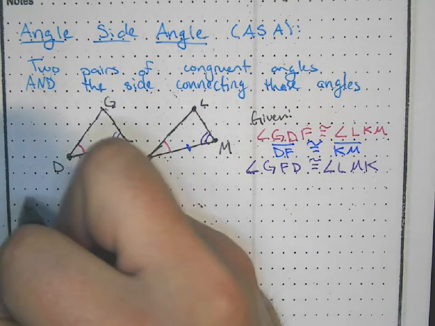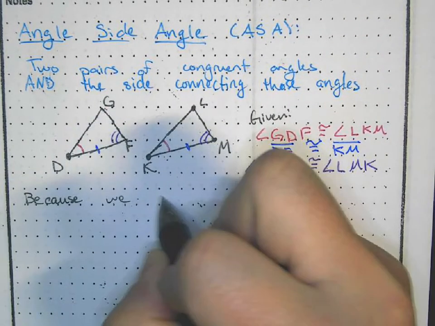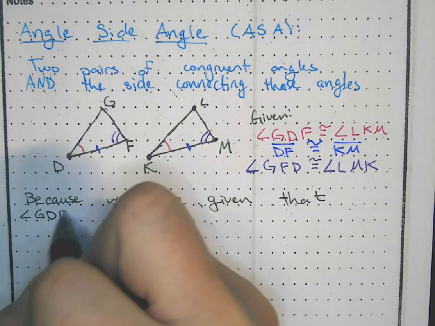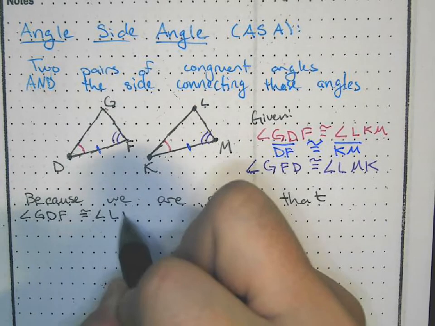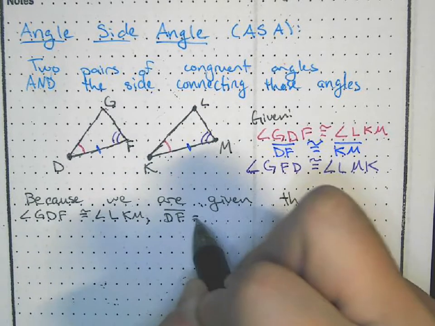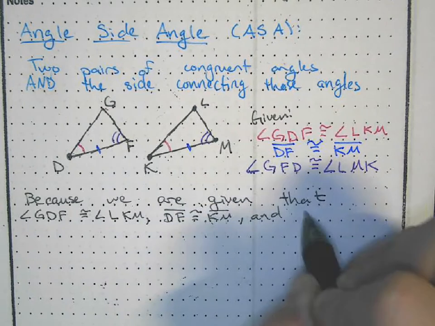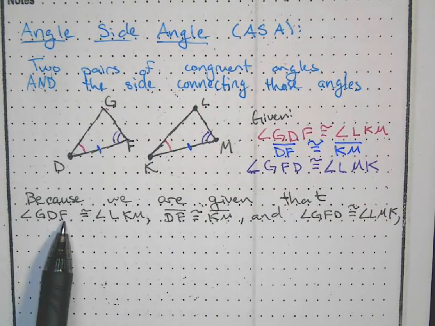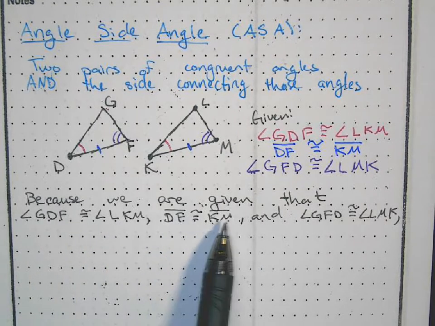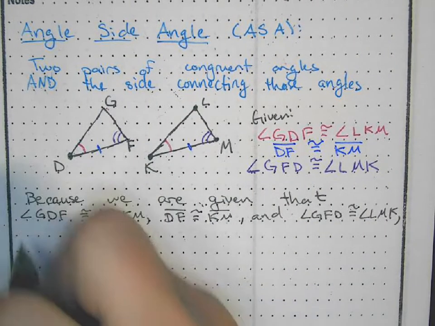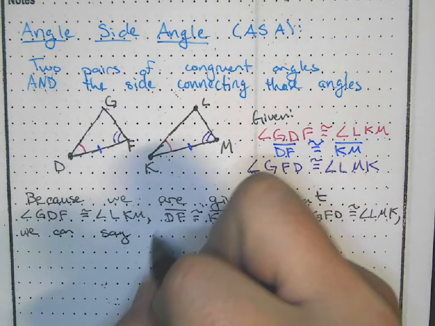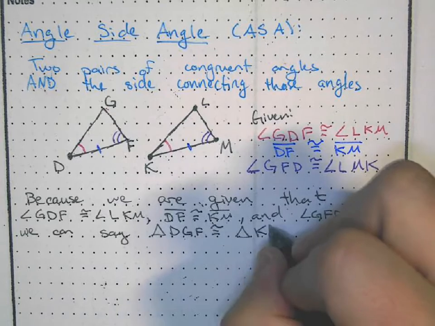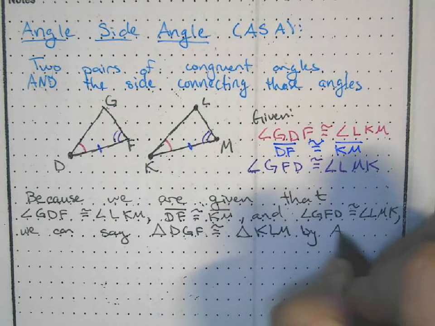So, like a sentence we could say to explain this is, because we are given that angle GDF is congruent to angle LKM, side DF is congruent to side KM, and angle GFD is congruent to angle LMK, we can say triangle DGF is congruent to triangle KLM by angle, side, angle.